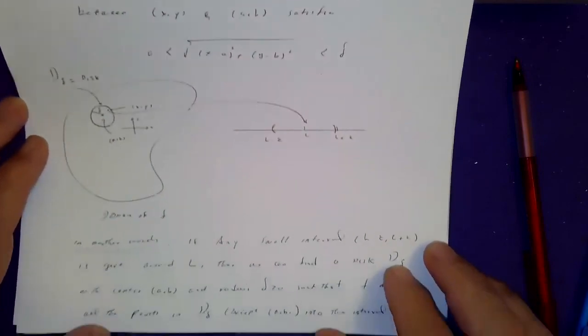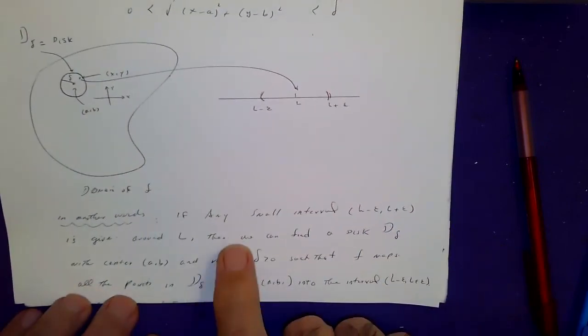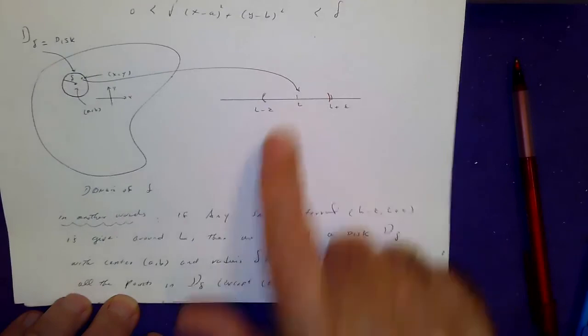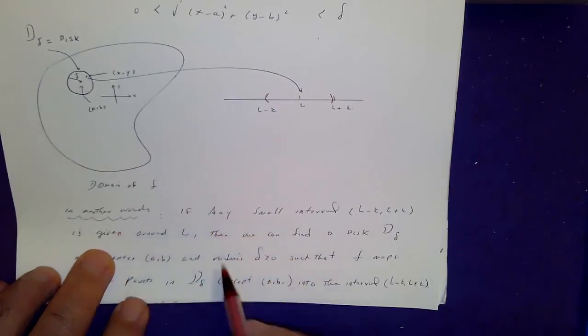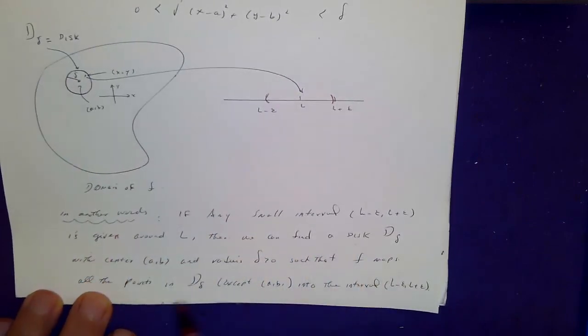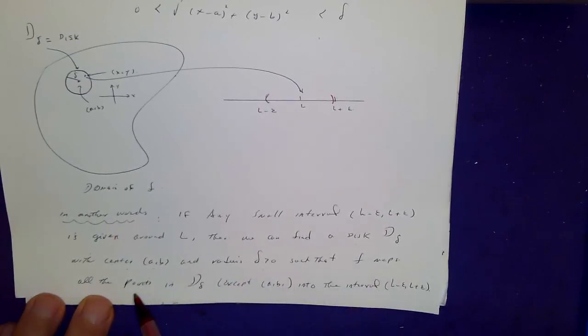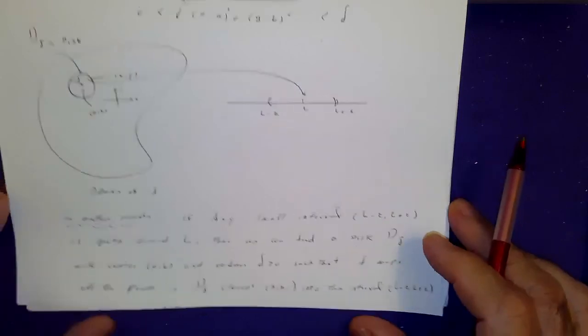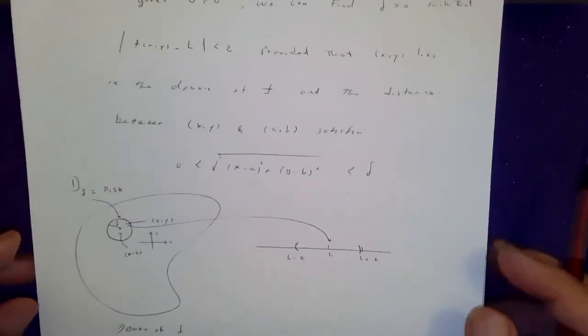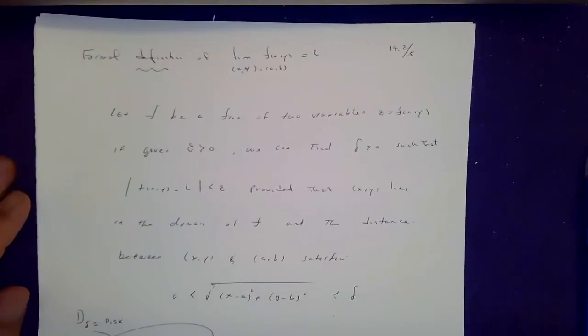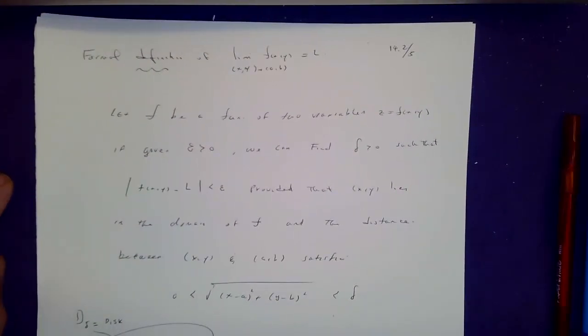So in a different wording, if any small interval like this is given around L, then we can find a disk with center at (a, b), radius delta, such that f maps all the points in the disk except (a, b), of course, into that interval. And that would be the end of the proof. As I said, we are not going to worry about this, but if you are a math major, please let me know so I can provide you with extra documents. Thank you.